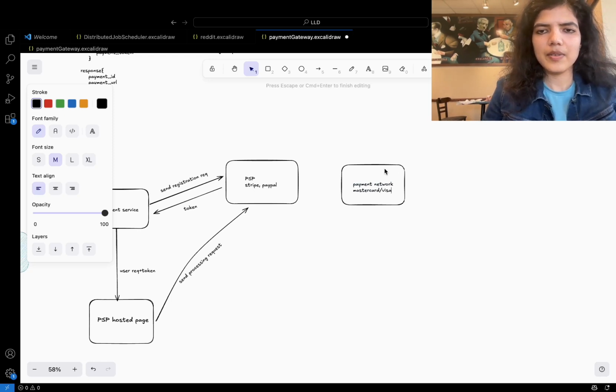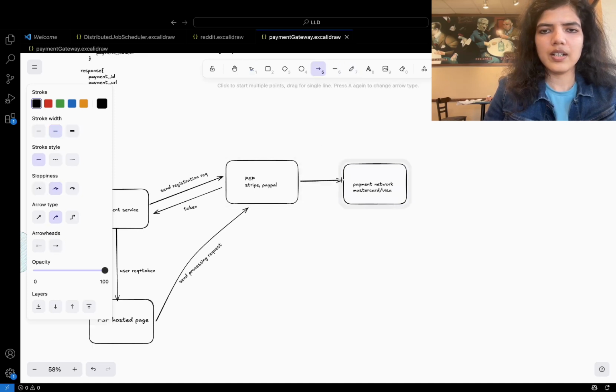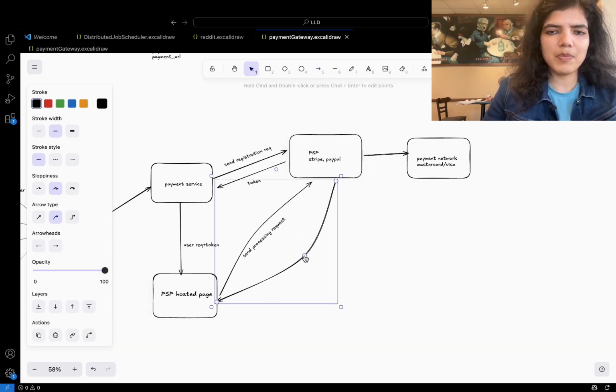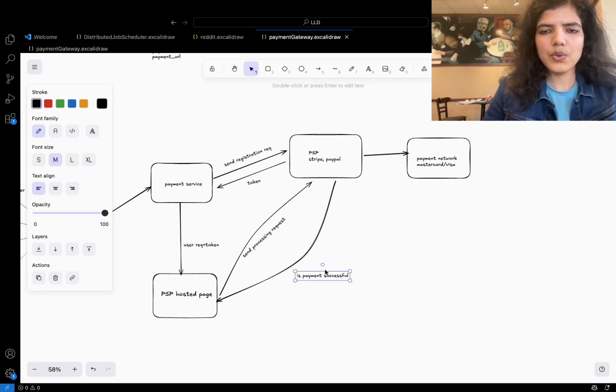The details are sent to the payment network, which completes the payment, and once it completes the payment, it sends back the status to the PSP hosted page with the response that the payment is successful.